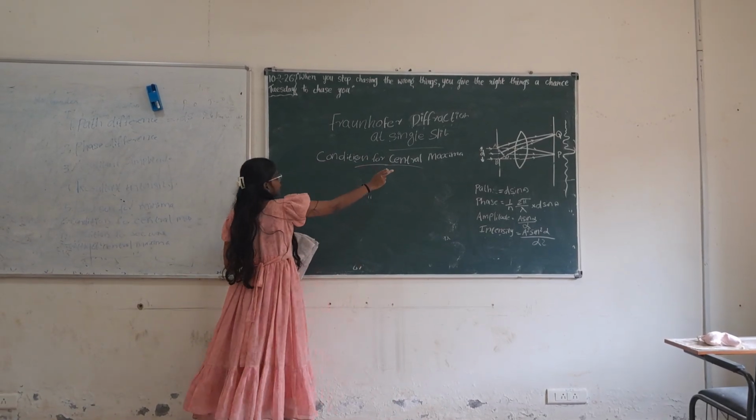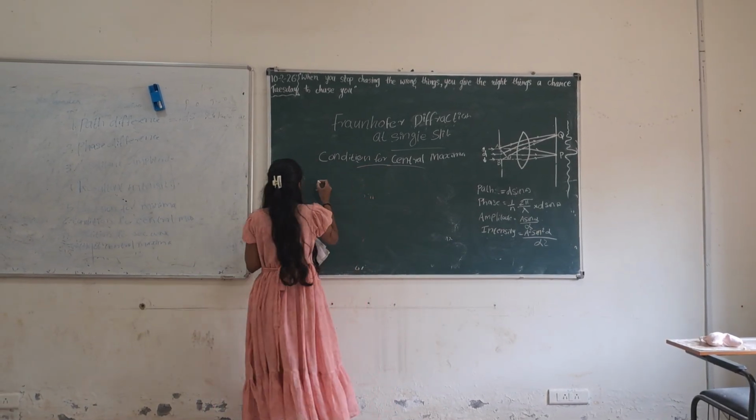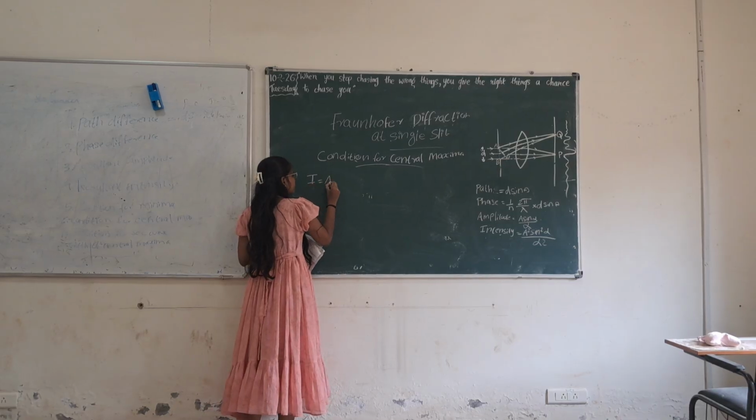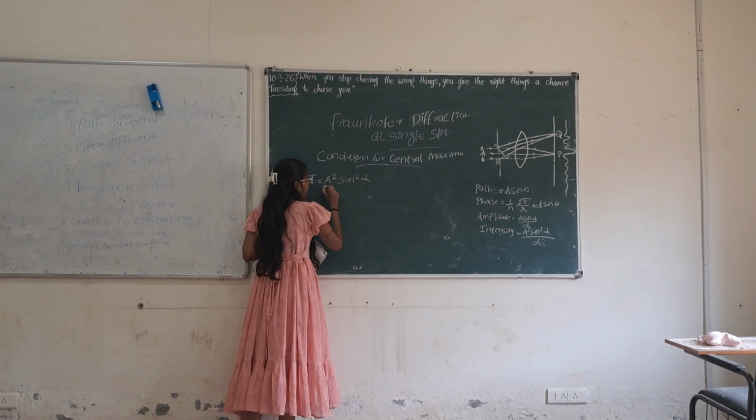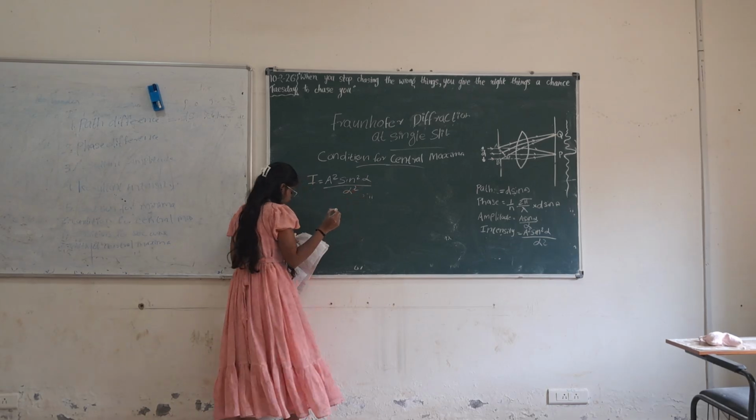In the condition for central maximum, I is equal to A squared sin squared alpha by alpha squared.